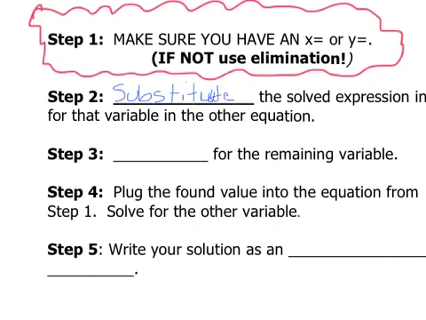That was taking the x equals stuff and plugging it in for x. Once I do that, I should only have one variable, so then I solve for that remaining variable. Once I get that, I plug it in to find my other value. And then I write it as an ordered pair.